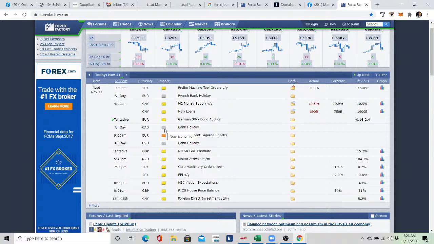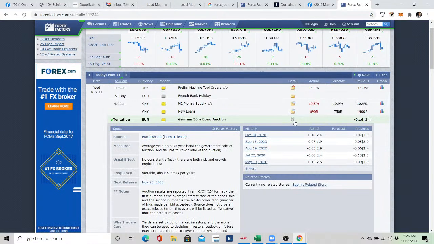Veterans Day. Let's check this yellow folder, because I'm only looking at pound pairs. So we definitely want to see if the euro news is affecting the pound pairs, of course.